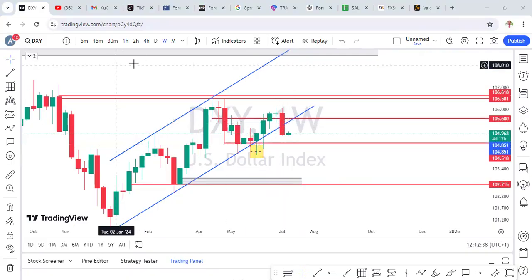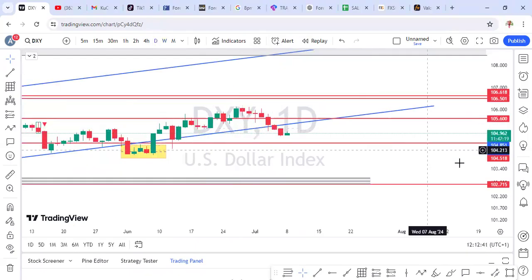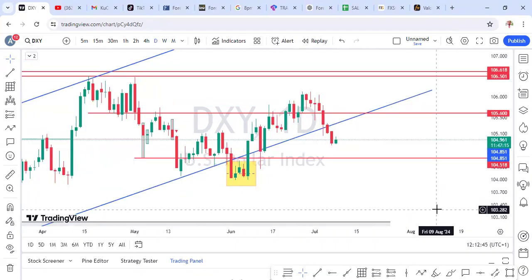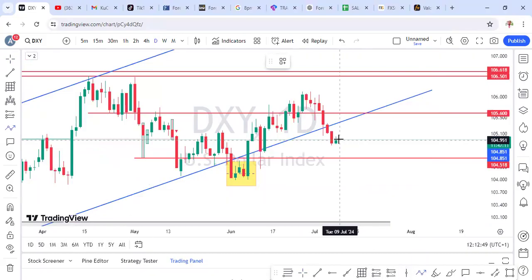So way forward, what do we do? Now, weekly, we are bearish. So let's see if we can get a retest from this trend line, or there's this imbalance that is here. We can get a spike that will fill this imbalance, then come back to this support.